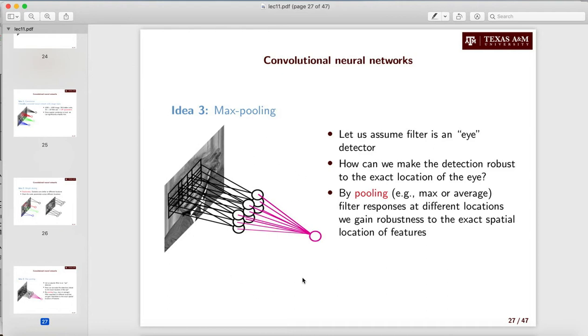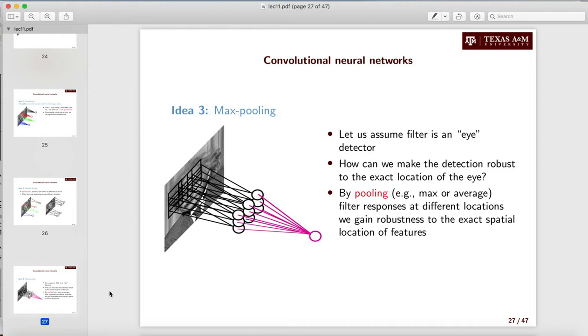So that's the idea of max pooling. After we have taken transformations from the local patches of the image, we summarize those transformations through a max or an average filter in order to take a reduced transformation of these filters. So these were the three main ideas based on which convolutional neural networks are being built.